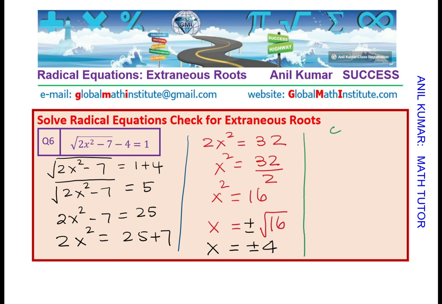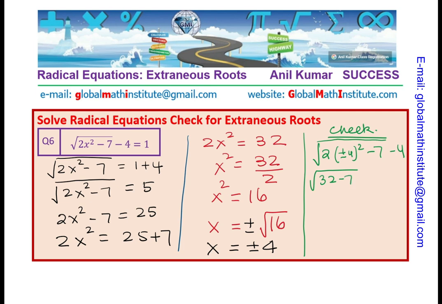Let us check if they are right or not. If I substitute on the left hand side, which is 2x squared, I could use plus or minus 4. When I square it, it becomes positive 16, minus 7, and then we have to do minus 4. So that gives me square root of 16 times 2, 32 minus 7, minus 4.